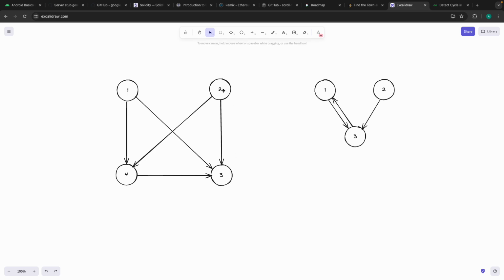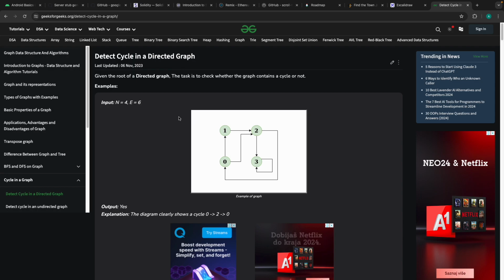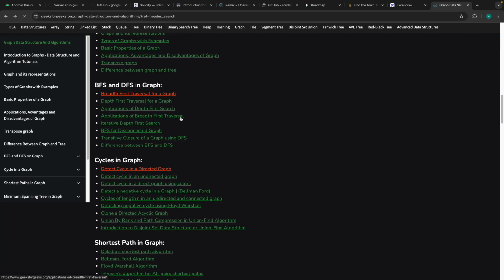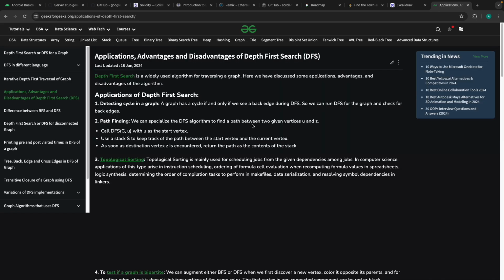There is no cycle, and I can't find any judge. Breadth first, depth first, applications.